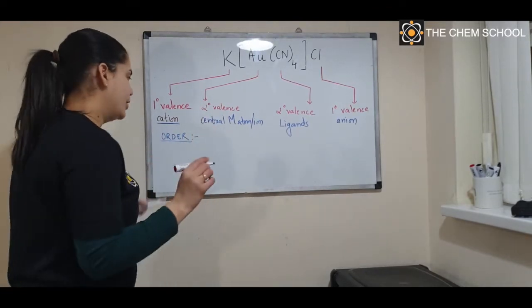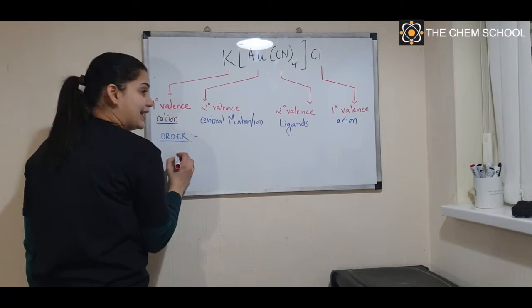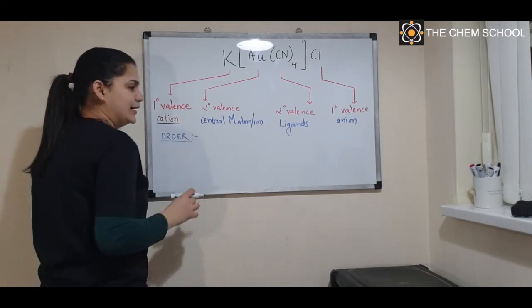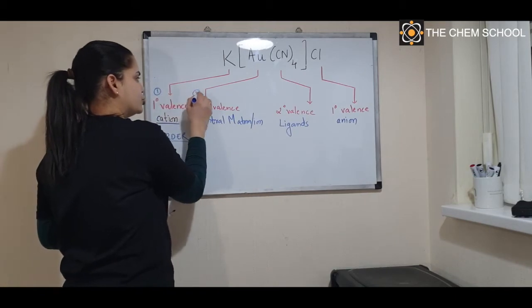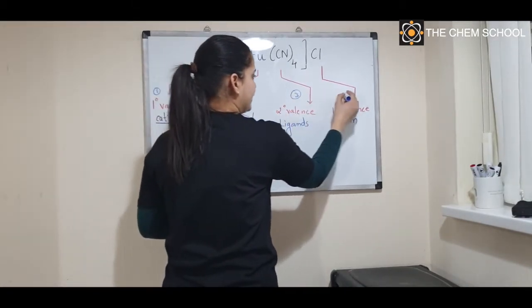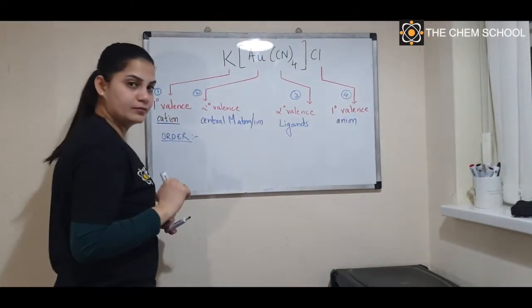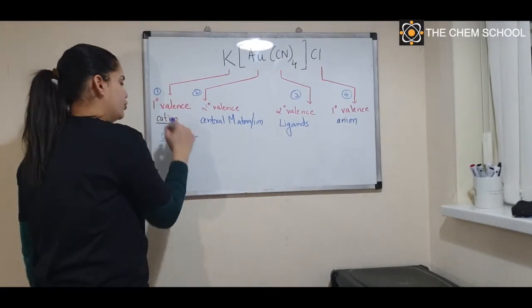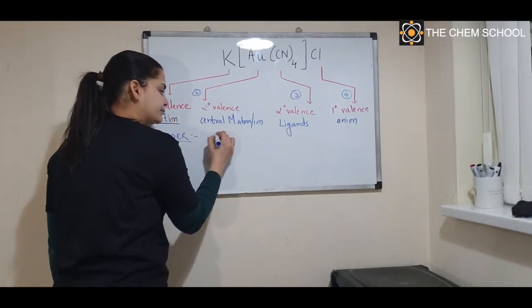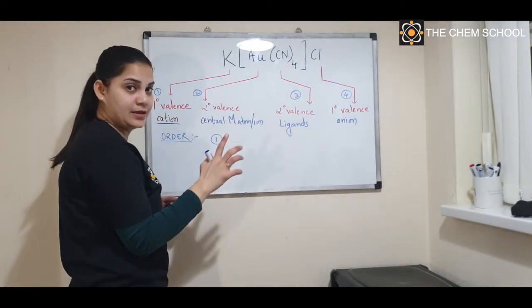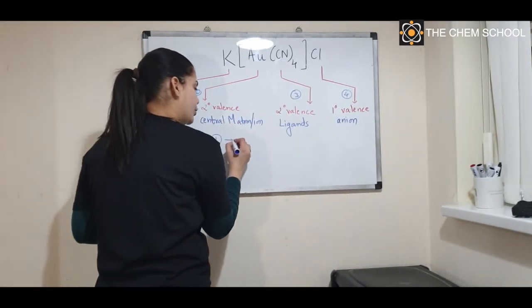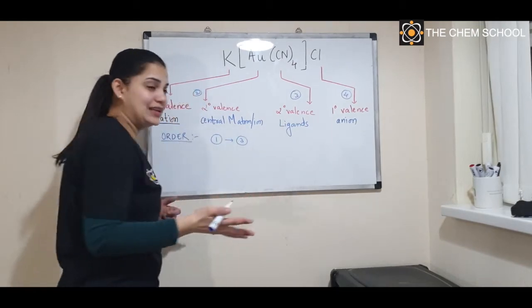So you will always write down the primary valence cation first. Let's do the numbering. Let's say that this is 1, this is 2, this is 3, and this is 4. Is that clear? Fine, so the order will be 1, followed by the ligands. So after 1 you will write down the name of 3, that is, whatever the ligand is there.